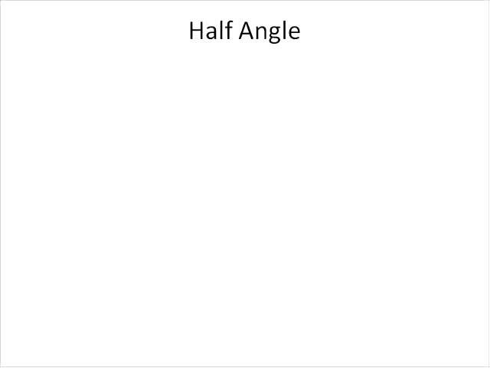Here we go. I look on my formula sheet, and you'll see the cosine of theta over 2 is equal to plus or minus the square root of 1 plus the cosine of theta, over 2.